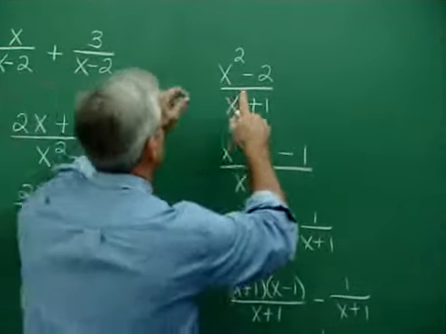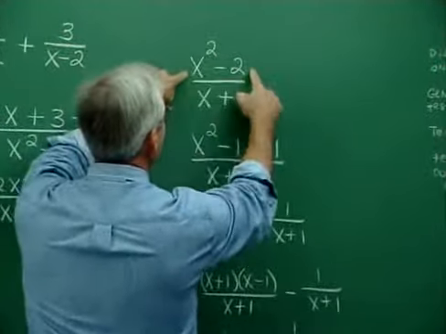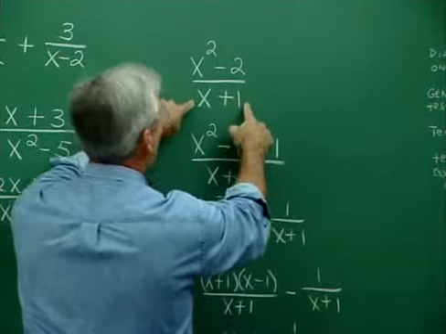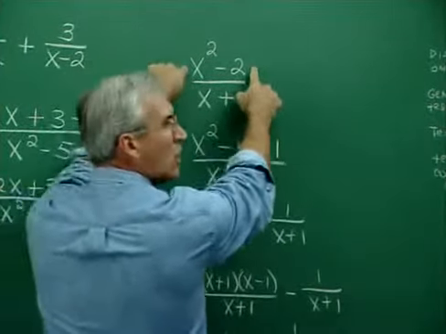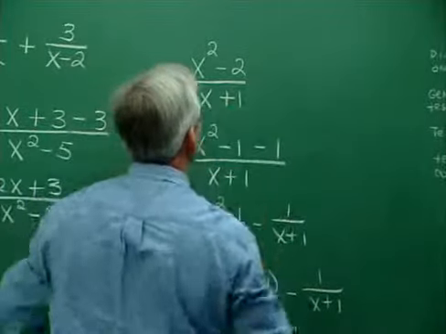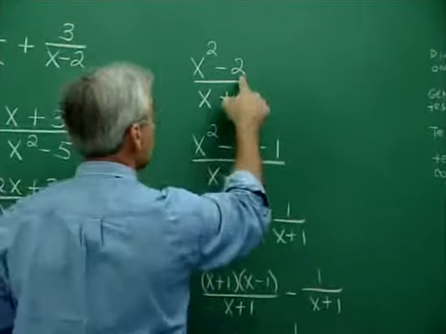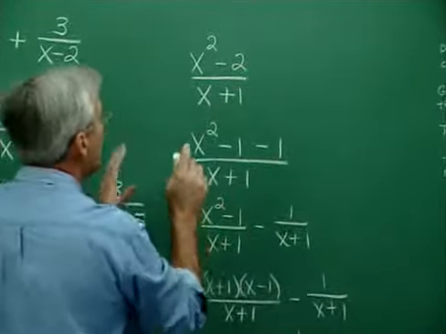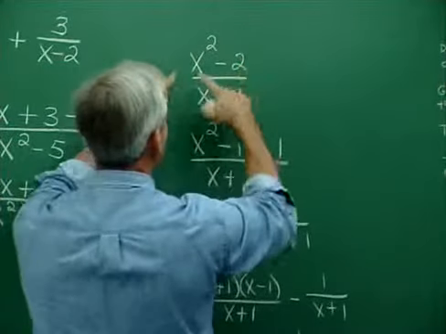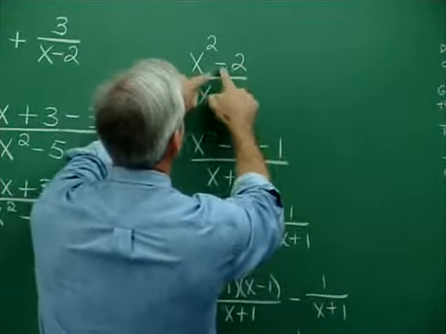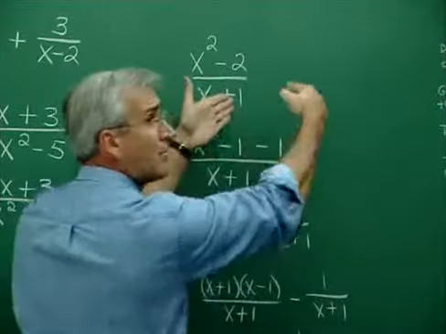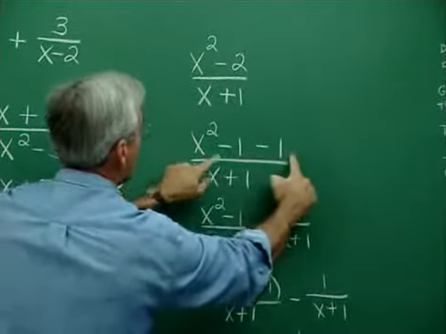Here it is. We have x squared minus 2 over x plus 1. Now we might be thinking, gee, if we almost have a situation up here where we have the difference of squares, but 2 is not a square. However, we can create a situation where we have the difference of squares like this. We can think of minus 2 as minus 1 minus 1. You see, like this. Separate it like this.